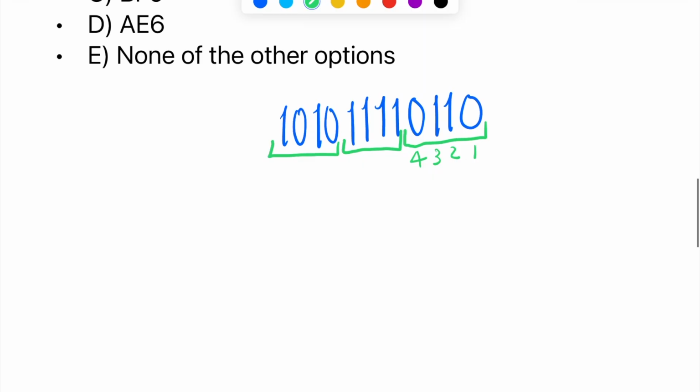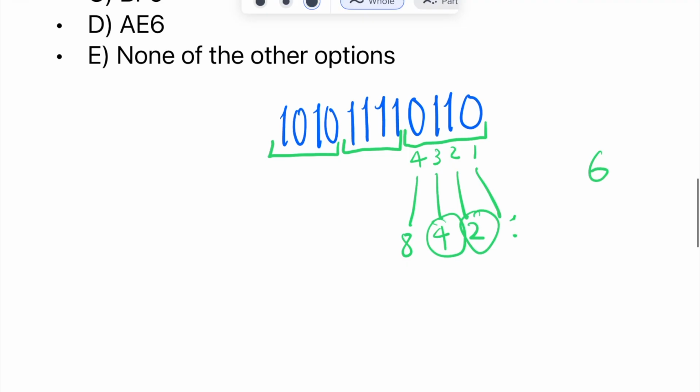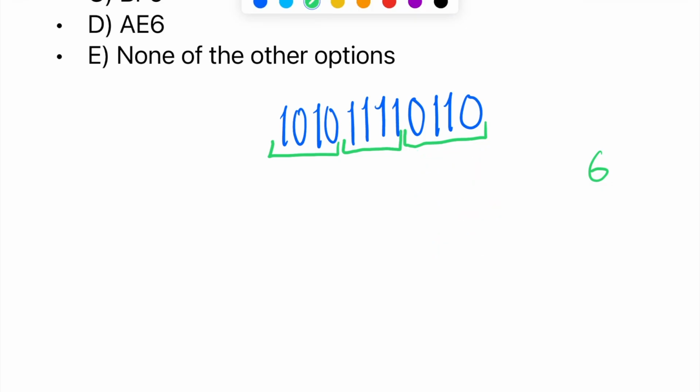Okay, we're going to do the same thing as previously. We label 1, 2, 4, and 8, and we got this here, so that's 6. Just to make some room, I'm going to erase. Then this one here is 1, 2, 4, 8.